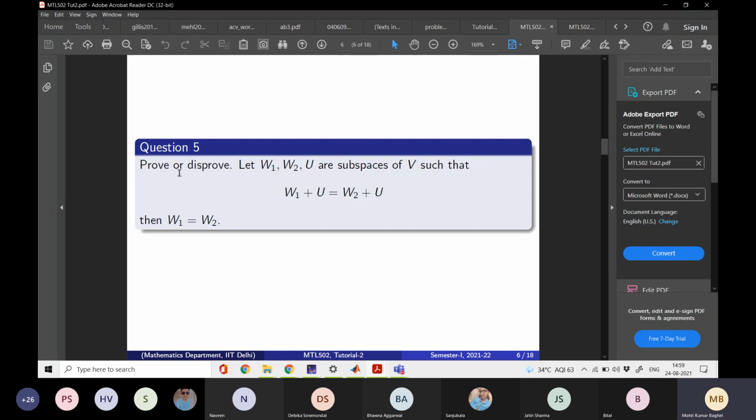First, you understood the question. What does this question demand? First you tell me, if W1 and W2 are two subspaces, what do you mean by W1 plus W2?